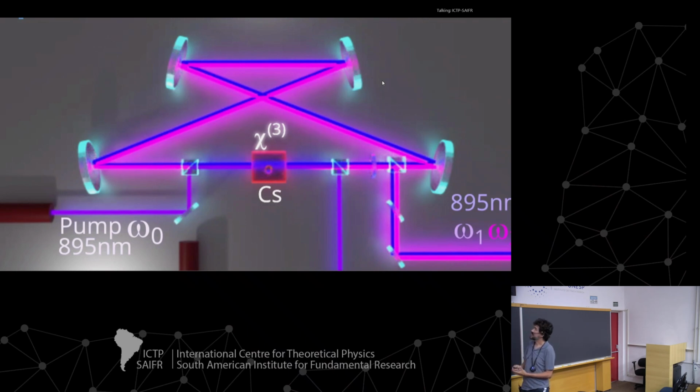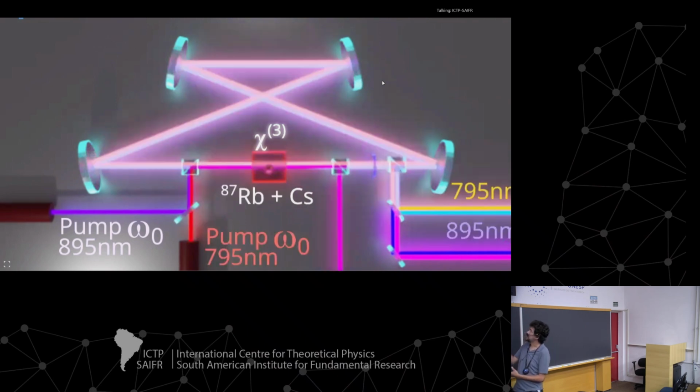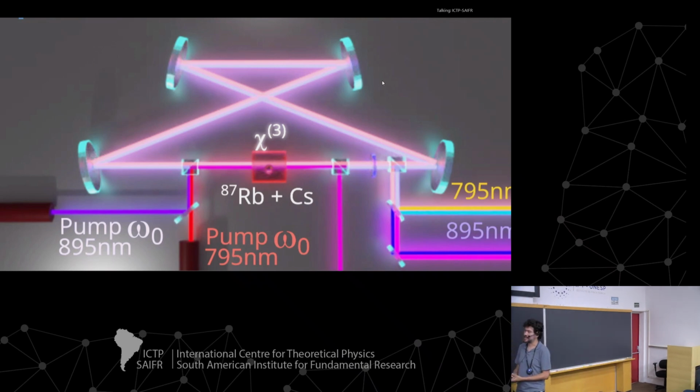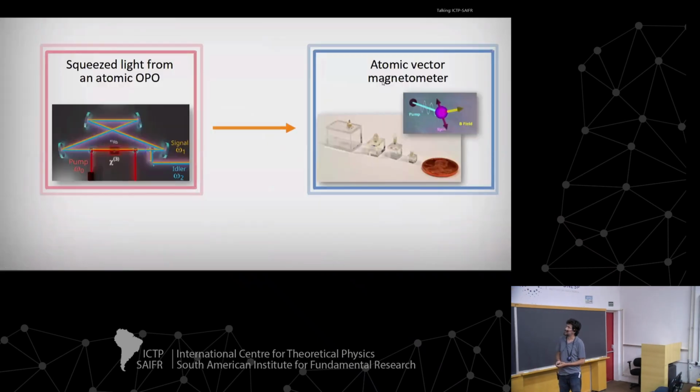The idea of the project is to go a bit further, and why not use a vapor cell with a mixture of atomic species? That would allow us to pump with 2 different wavelengths and produce 2 different twin beams. In that sense, one system is producing squeezed light simultaneously for 2 different species for atomic magnetometers.